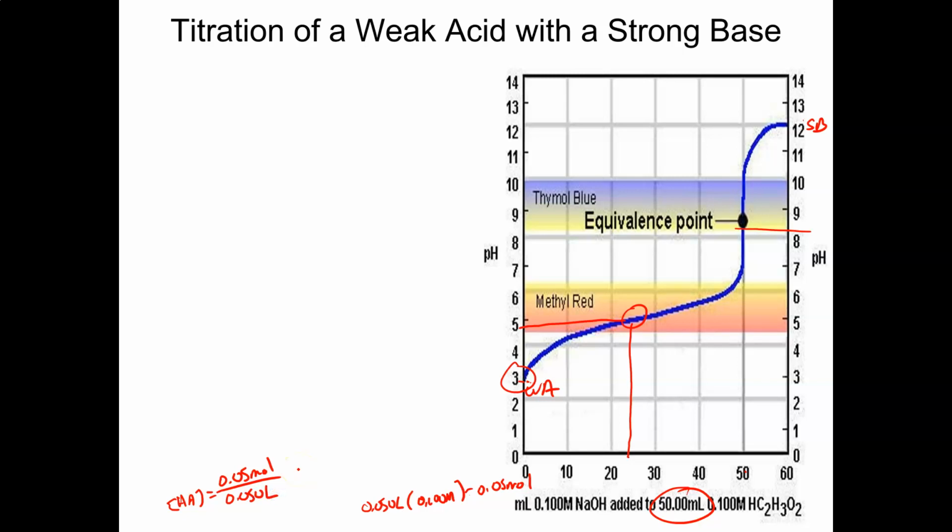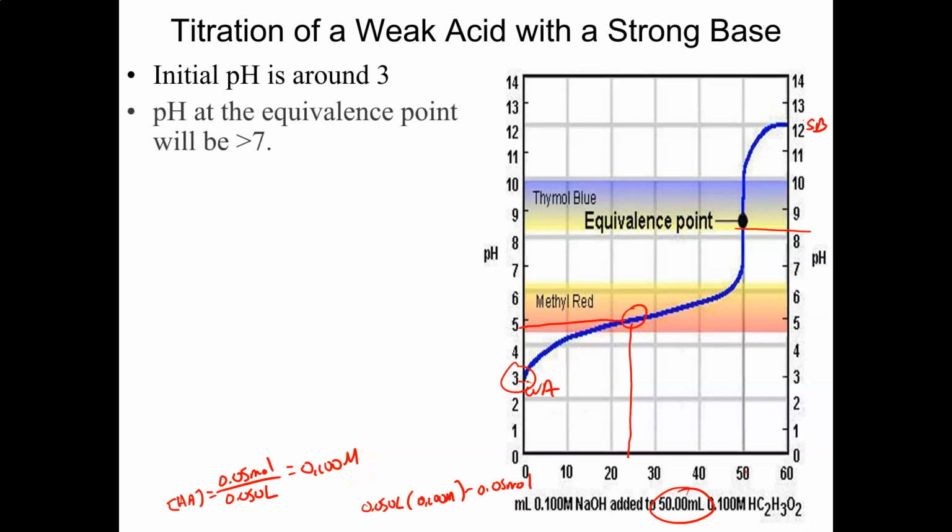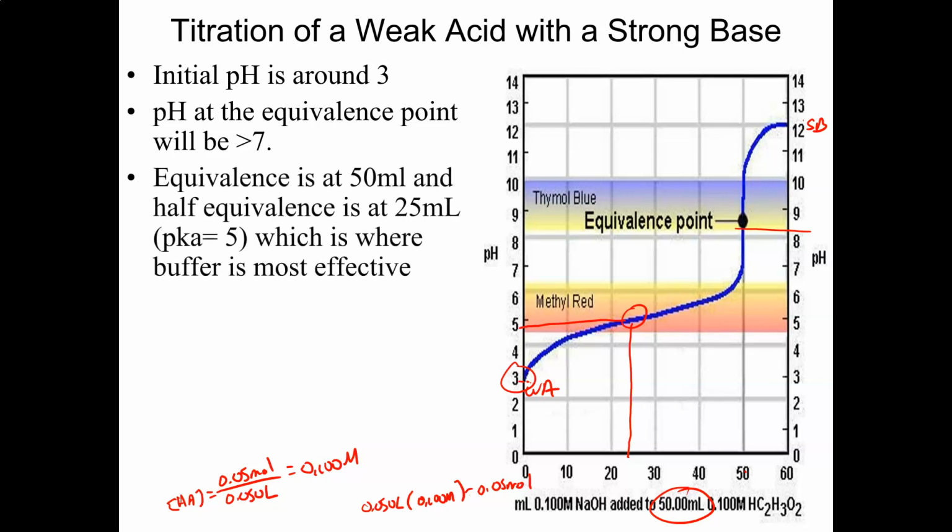That's what was originally in the beaker before you added anything. And you get basically 0.100 molar as well. Coincidence. So this is all the information you can gather real quickly from the titration curves.